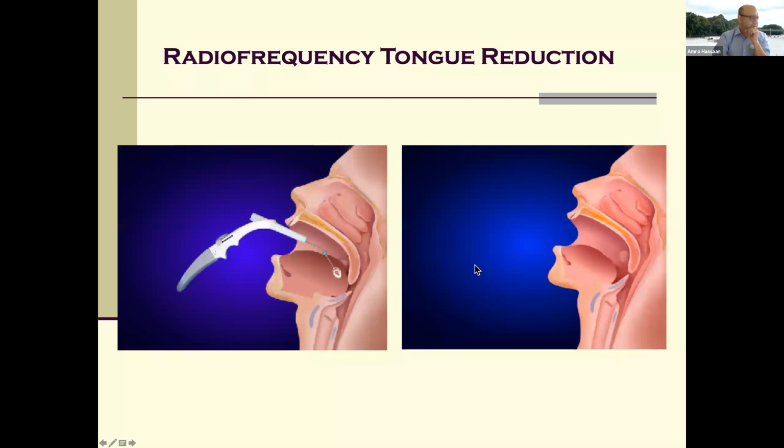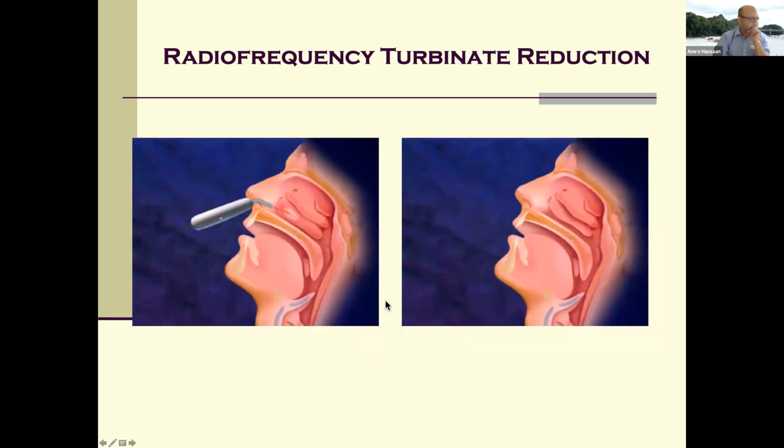It can be done on the tongue base, and as you can see, this tongue base is pushing on the epiglottis and partly obstructing the pharyngeal airway. Here, after application, of course these are all idealistic, the tongue goes forward, again giving you a better airway. And here it is in the inferior turbinates, which were quite bulky, and again they've shrunk down to give you more space. I'm using this more and more, by the way, now.